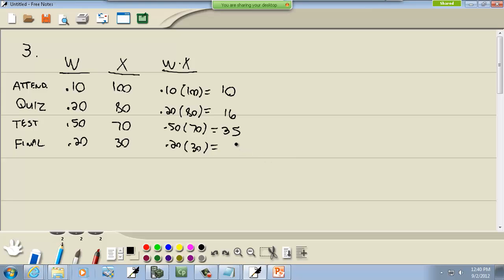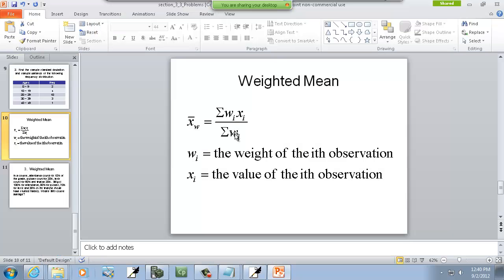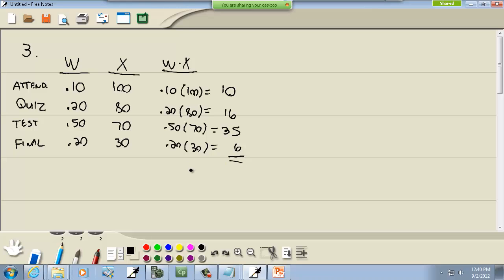And we get 6. Okay, so that's W times X. We got sigma in front of it, which means add them together. 26, 32, 62, 67. Let me double check. 10 plus 16 plus 35 plus 6, 67.